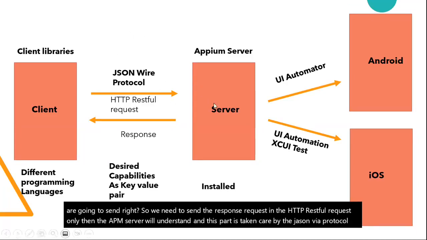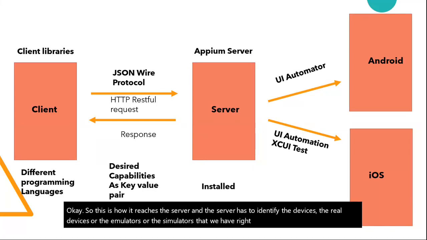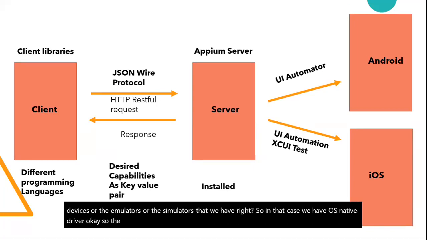This is how it reaches the server, and the server has to identify the devices, the real devices or the emulators or simulators that we have. In that case, we have the OS native driver. The devices have their own native driver, and the Appium server reaches the device using this driver.